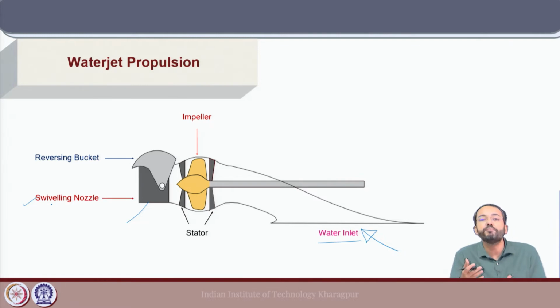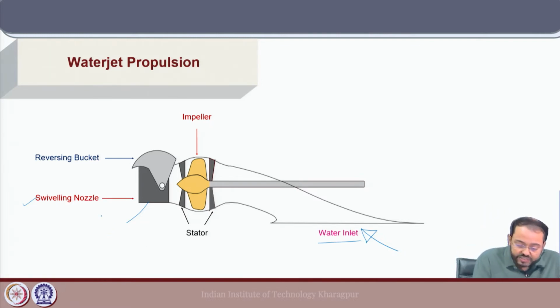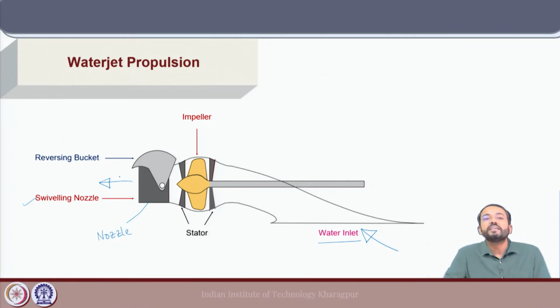That means it can be rotated in either ways. This nozzle is throwing the water from the stern of the ship, so that the jet reaction creates a thrust that propels the ship forward.